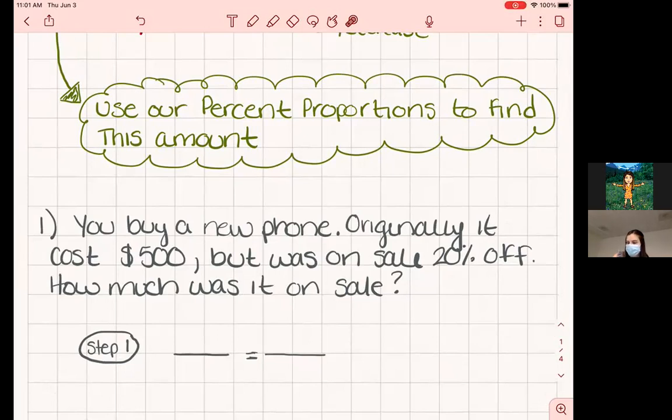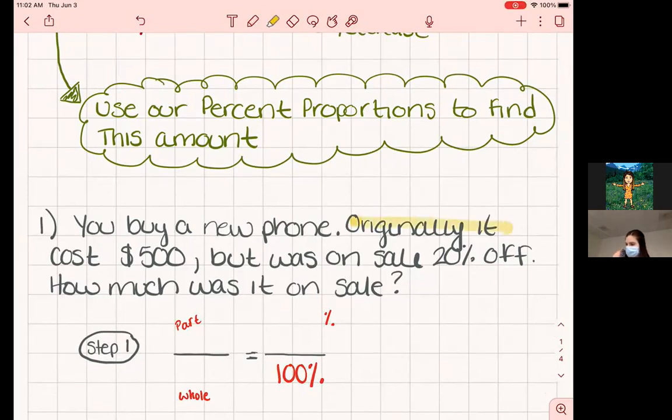So step 1, we need to set up our percent proportions. So if you remember, that was the whole, this was the part, this is always 100%, always, always, always. And then this is the percent from the story. Okay, so let's highlight what's important.